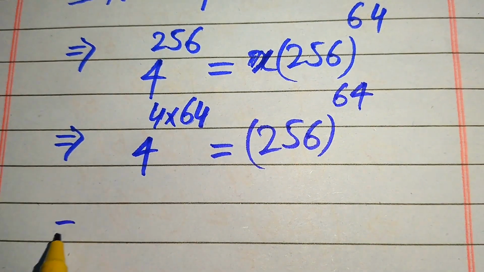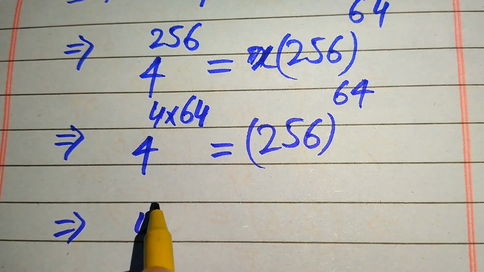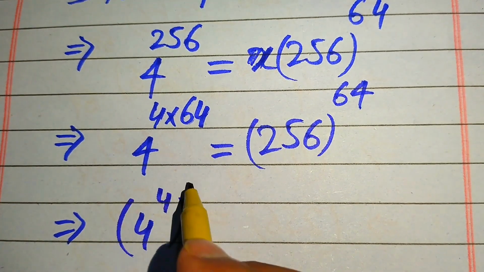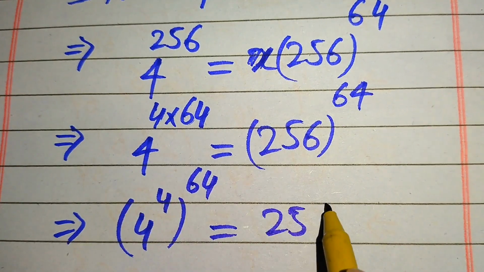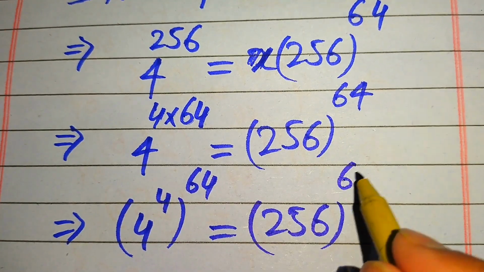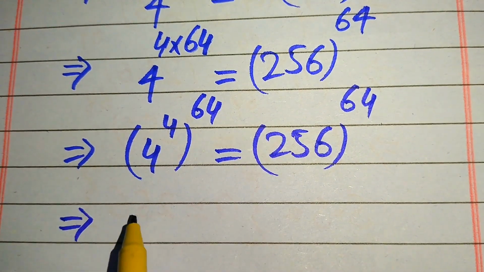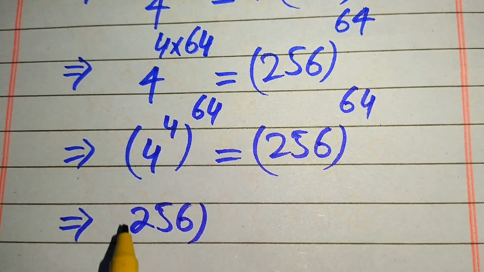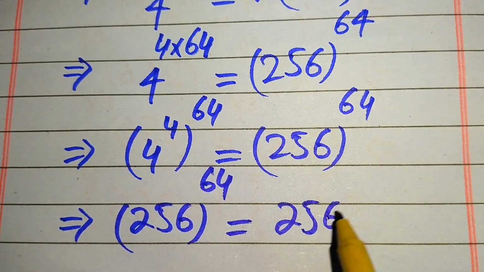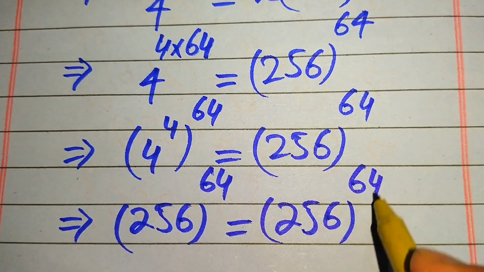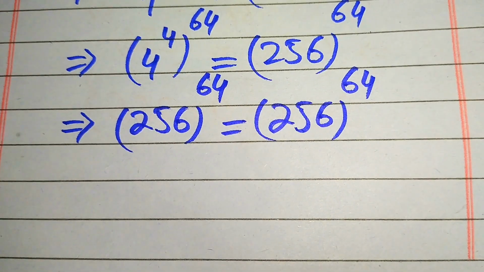And now here we move the term 4 inside, so this will be written as 4 to the power of 4 and its whole exponent is 64 is equal to 256 to the power of 64. So you know that 4 to the power of 4 is equal to 256, so we get 256 to the power of 64. And now you see that both of the sides are equal.